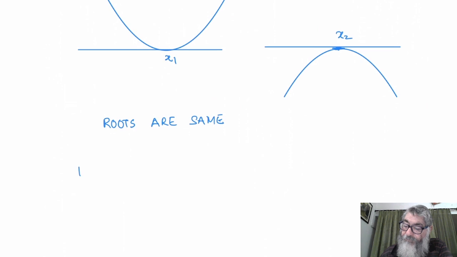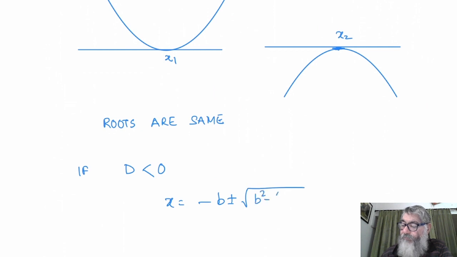If d is less than 0, again x is equal to minus b plus minus under root b square minus 4ac upon 2a. If this d is less than 0, that means under the square root you will get a negative number.